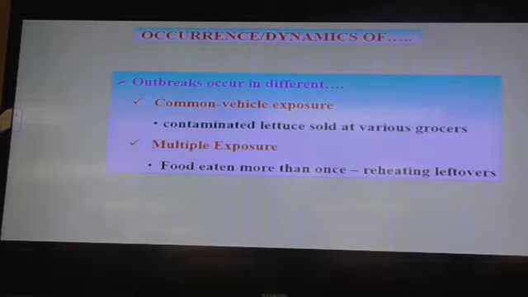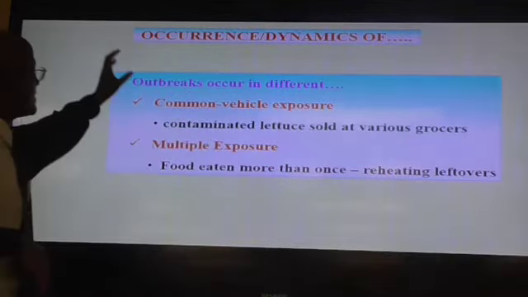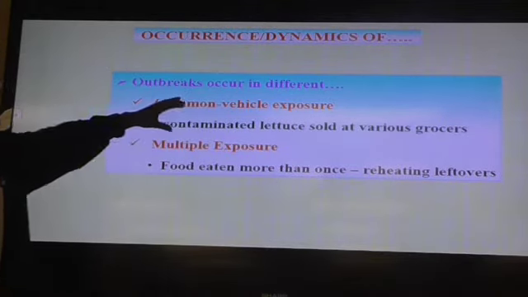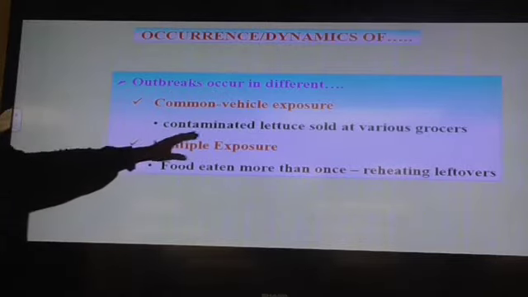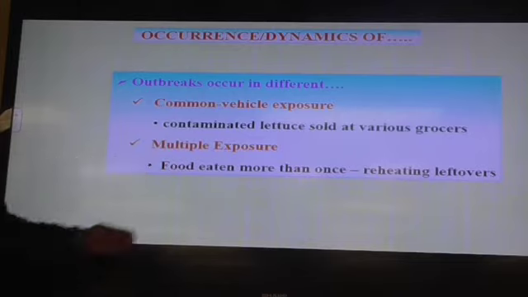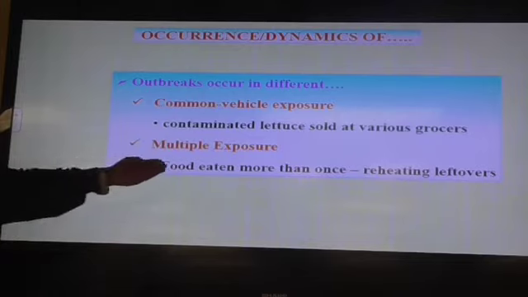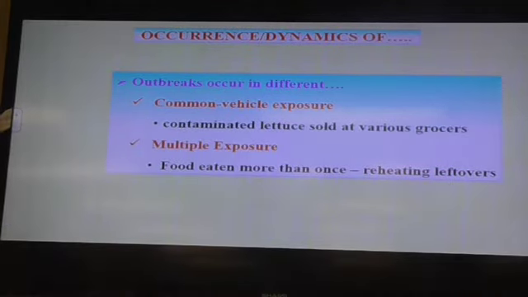So again, I'm still on that point source or common source epidemic. Sometimes it also occurs by a common vehicle that is sold at groceries, but sometimes may also have multiple exposure from the same source when that food is eaten several times, for example, by reheating it.